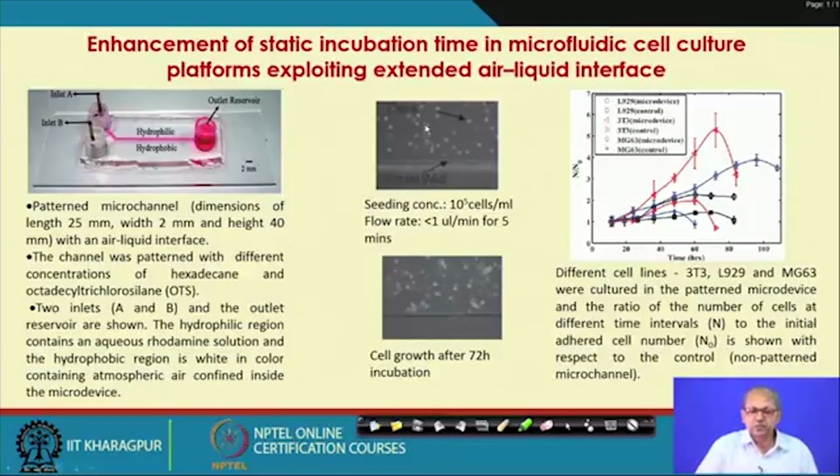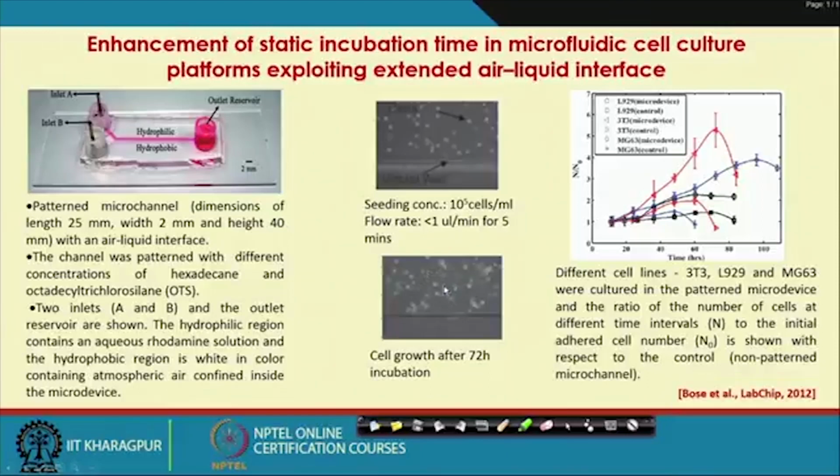This picture shows the virtual wall; in that part air is there and this part is liquid where cells are seeded. We are using around 10 to the power 5 cells per ml and the flow rate is less than 1 microliter, so that the virtual wall should not be destroyed. After 72 hours we count the cells again to see how much they have grown, and determine the n by n0 ratio of different cells.